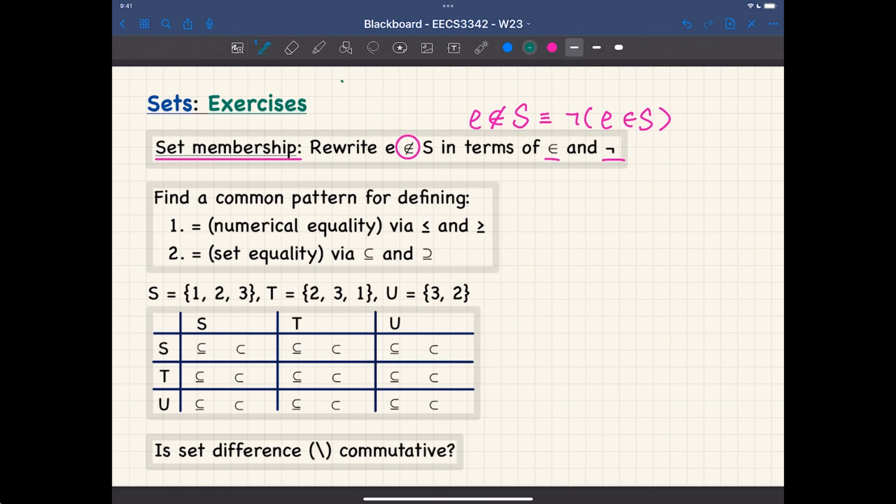If you got 4 and 7, apparently these two numbers are not equal to each other because even though you got 4 less than or equal to 7, it is not the case for larger than or equal to 7. This cannot be true at the same time, right? If these two are not true at the same time, that means they are different numbers. Apparently this is true, this is false, right? There's a little bit of hints for you.